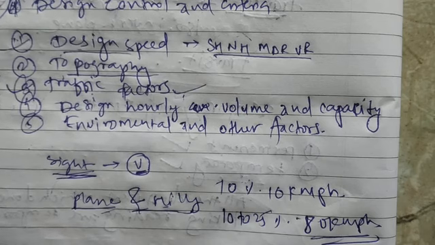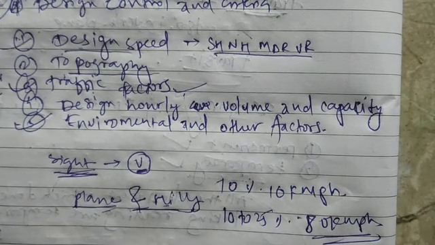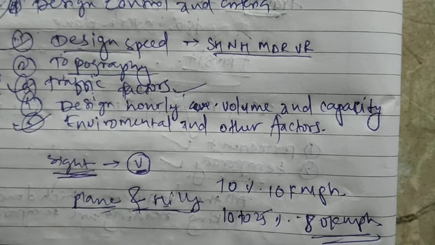So according to this, the road parameters are decided. The last one is the environmental and other factors. Environmental and other factors such as aesthetics, landscaping, air pollution, noise pollution and other local conditions should be given consideration in the design of road geometries. Some of the arterial high-speed highways and expressways are designed for higher speed standards and uninterrupted flow of vehicles by providing grade separation or controlled access.